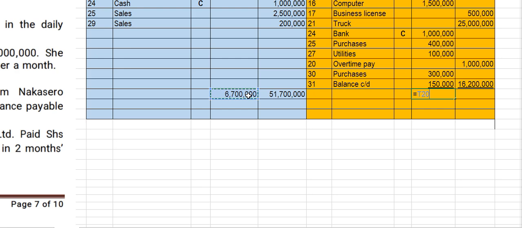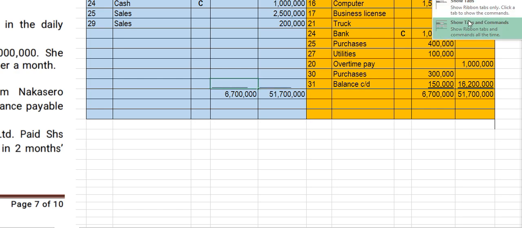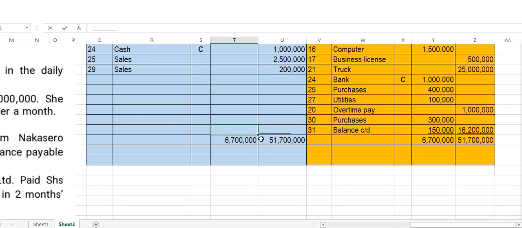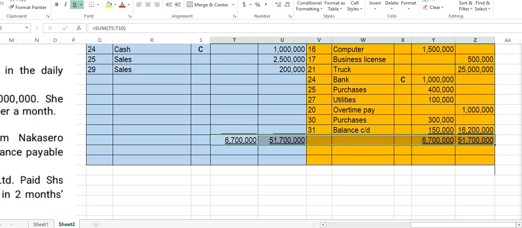Of course, I will have to bring the balance brought forward. That will be on the opposite side of my cash book. That is, we have balanced. I've inserted the balancing figure.